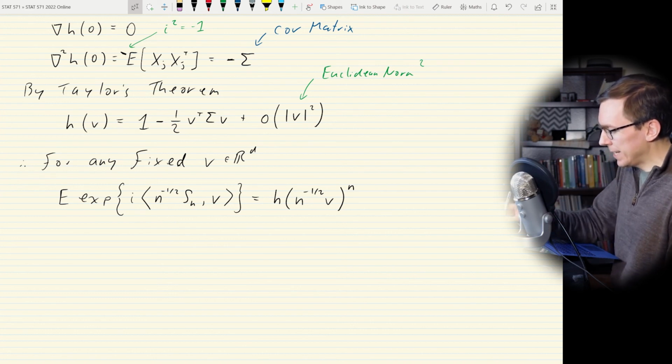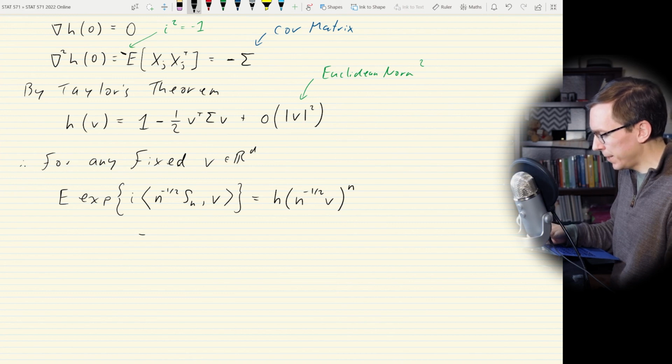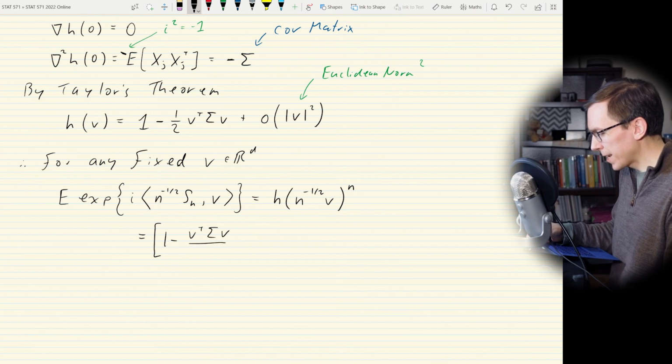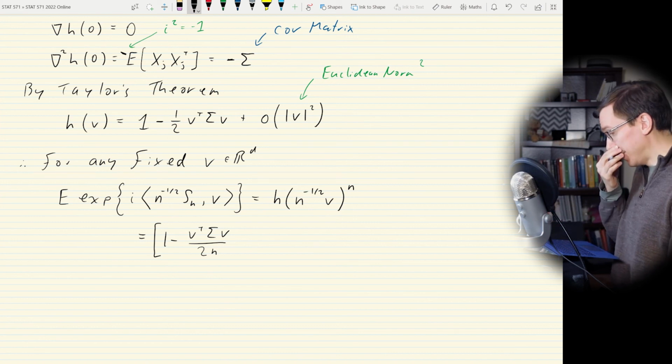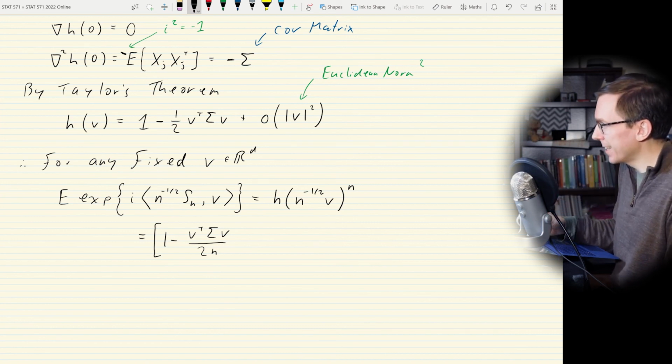If I use my Taylor's theorem definition up here, then this thing becomes 1 minus v transpose sigma v, the quadratic form, divided by 2n, because I have a square root of n that gets squared in the denominator, since each v comes with a square root of n.